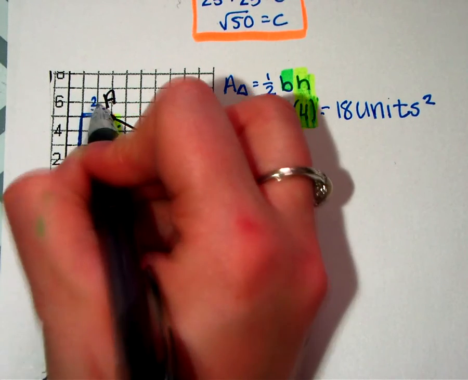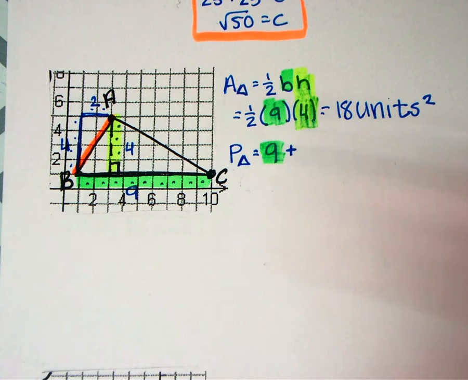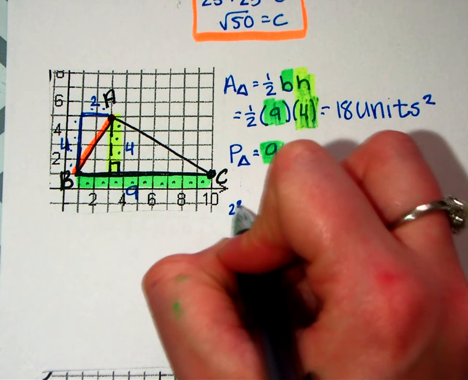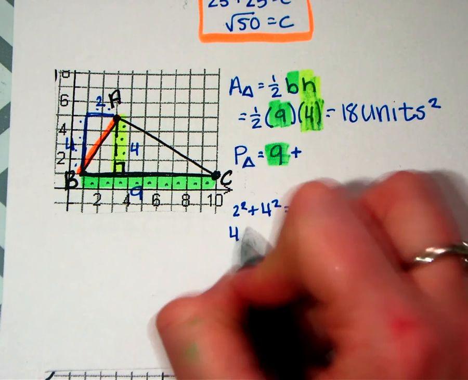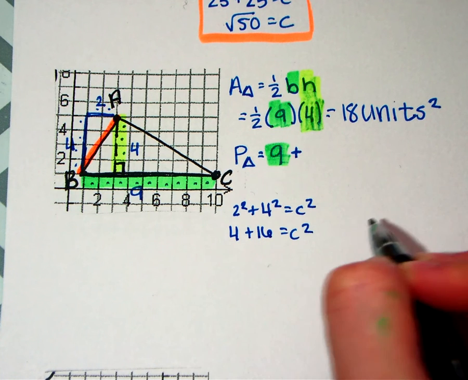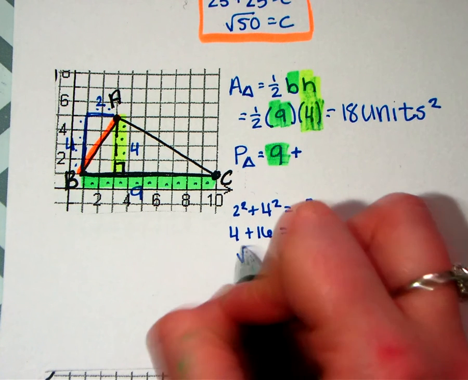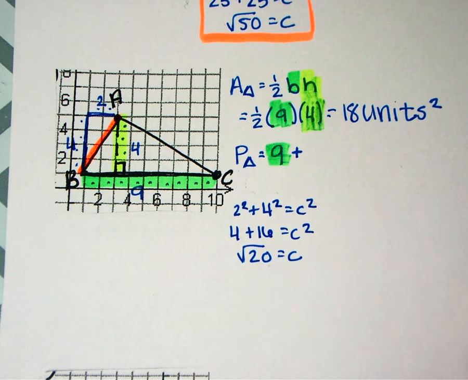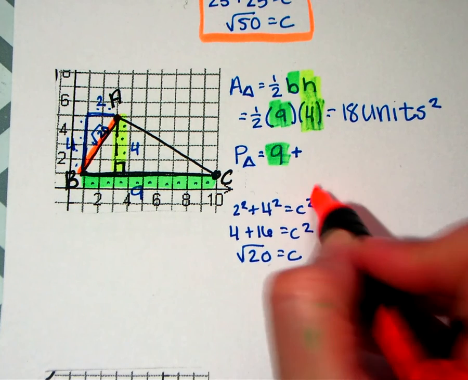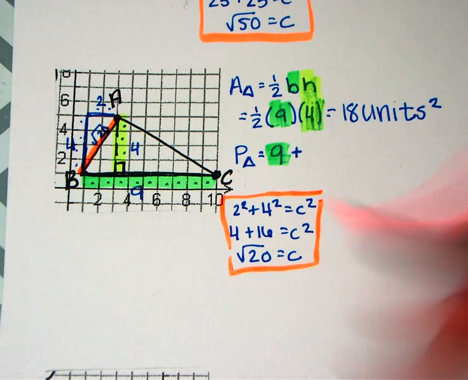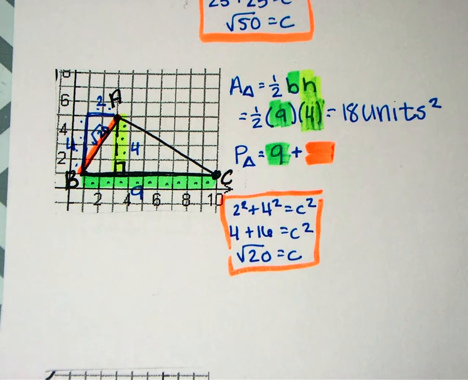This is 2 units by 4 units. So 2 squared plus 4 squared equals c squared. 4 plus 16 is c squared, and I end up with 20, so the square root of 20 is c. So this length is the square root of 20. And we did all of that work here. So I'm going to write plus square root of 20.